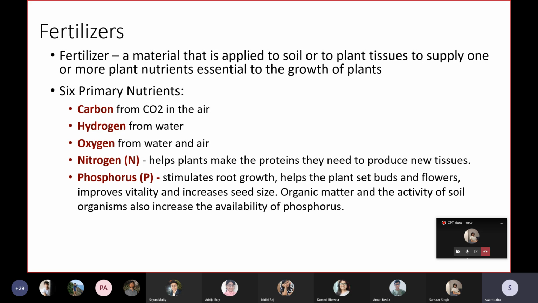Whatever organic matter is present in the soil, or the microbes present in the soil, their activity also will be increased with the help of phosphorus.